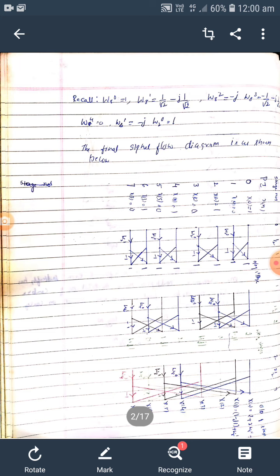Similarly, in the lower 4 lines, leave the top 2 lines and on the second 2 lines write omega 4 power 0 and omega 4 power 1. Then we have shown the second stage output: 2, 1 minus j, 0, 1 plus j, 2, 1 minus j, 0, 1 plus j.